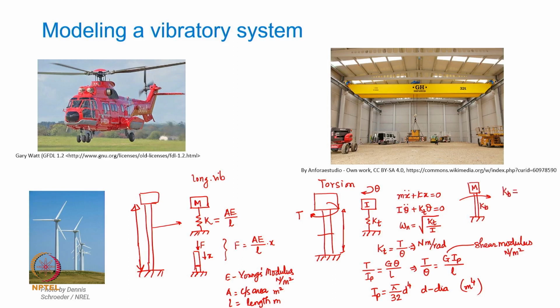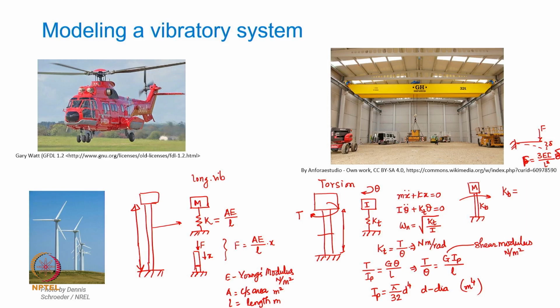Now, Kb, again going back to your strength of materials, if the beam is having a concentrated end mass or end force, the deflection is given by 3 EI over L cube into delta, that is F equal to 3 EI by L cube into delta, where delta is the deflection in the beam at the tip where the force F is acting.